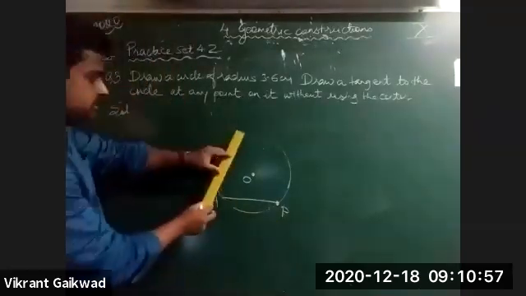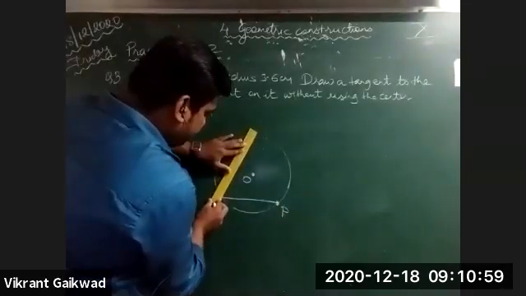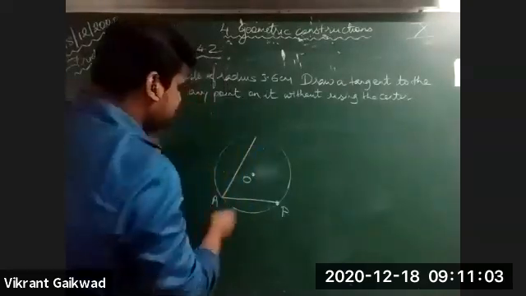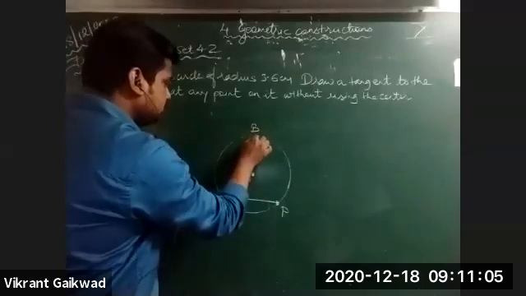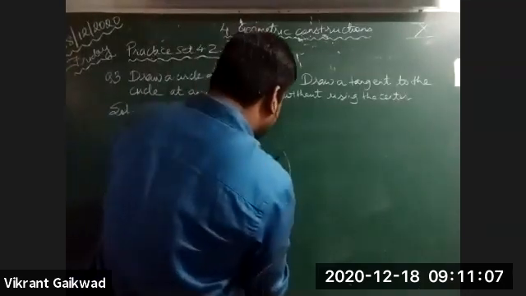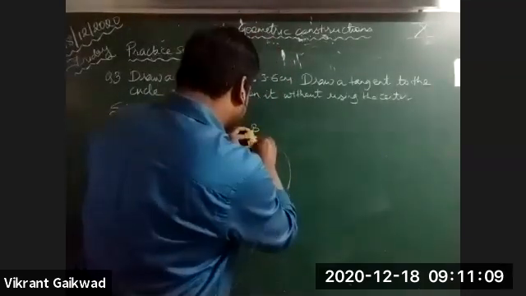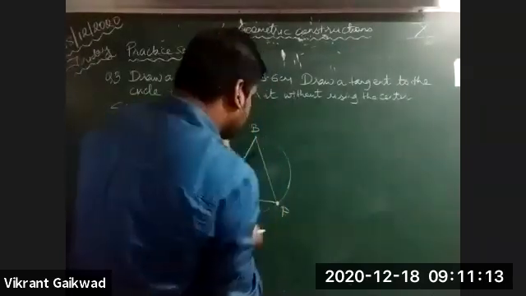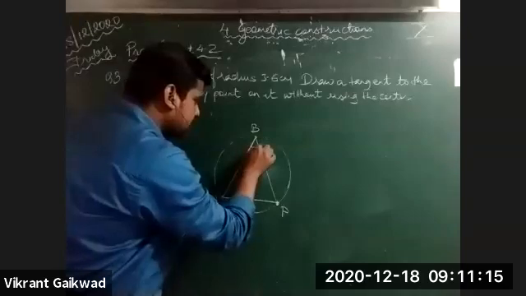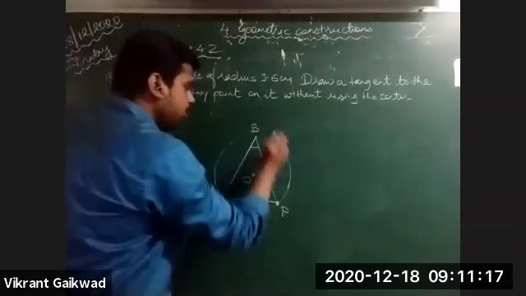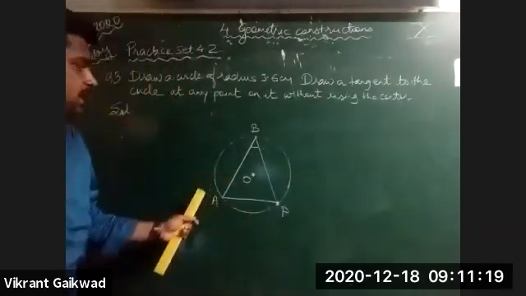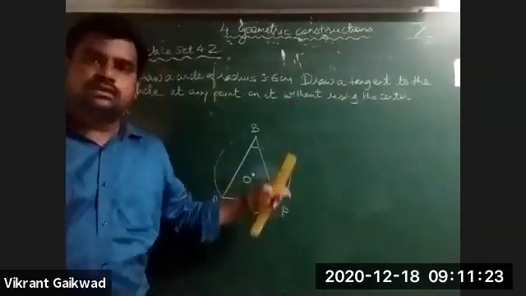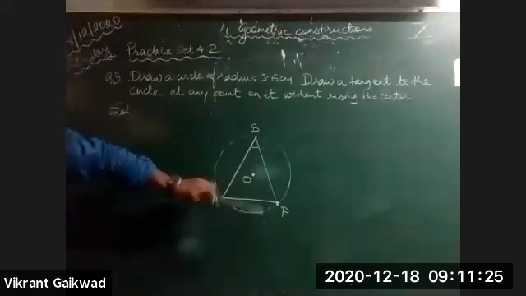So you mark any point above, say for example B, and you join the endpoints of the chord to that point. Okay. So you've got this angle ABP in one side of the circle, meaning one segment of the circle.